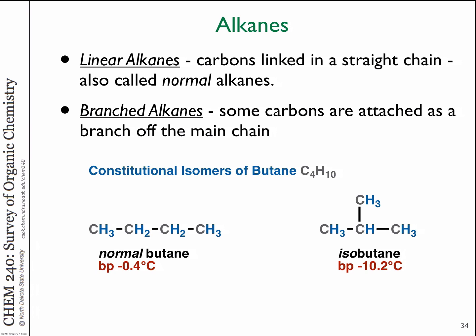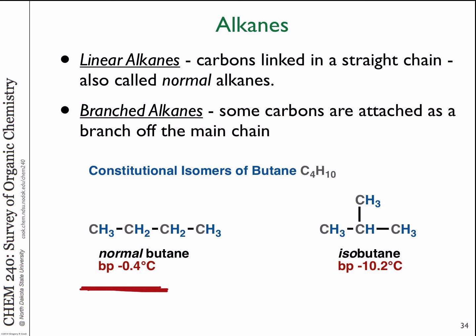So normal linear butane, notice the structure is different, the bonding between the carbons is different, and the properties are different, but the molecular formula is the same. Butane itself boils below 0 degrees Celsius, about -0.4.